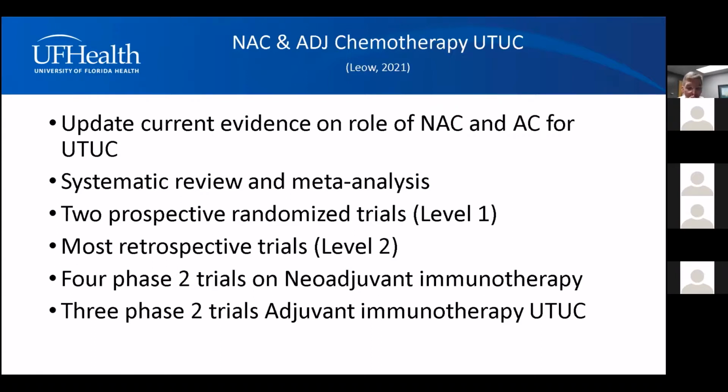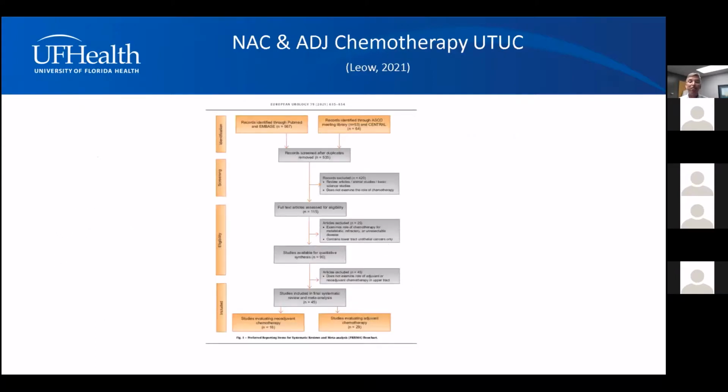There were 4 phase 2 trials of neoadjuvant immunotherapy and 3 of adjuvant immunotherapy. This is their flow diagram, which we can't see that well, but the studies evaluating neoadjuvant chemotherapy were 16, and the studies evaluating adjuvant chemotherapy were 29.